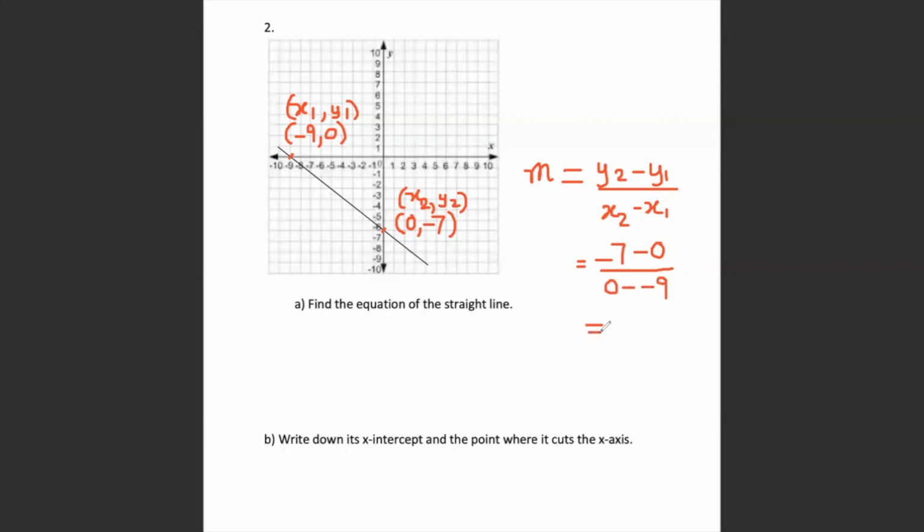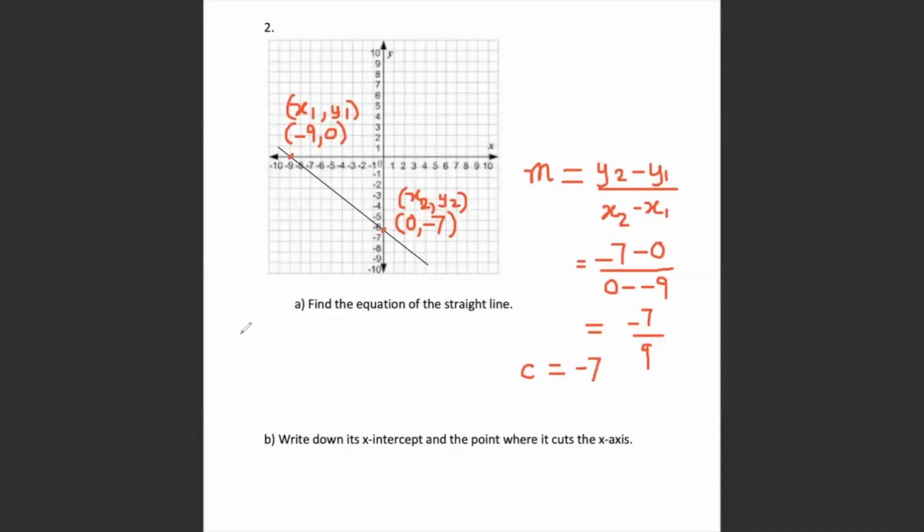So we have -7 over minus makes a plus 9. So that's our gradient. And the y-intercept here is -7. So this is our y-intercept there, the point where the graph cuts the y-axis. So that's -7.